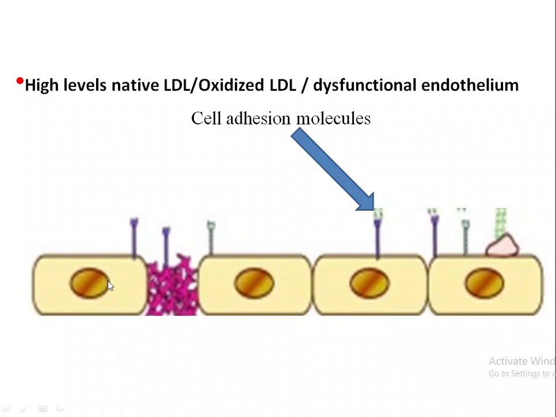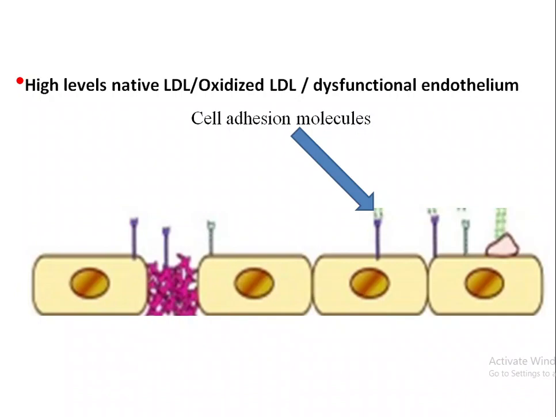Normally, the endothelium does not express these cell adhesion molecules. But when there is build-up of low density lipoprotein, or a high level of oxidized LDL, or damage to endothelium, what happens?